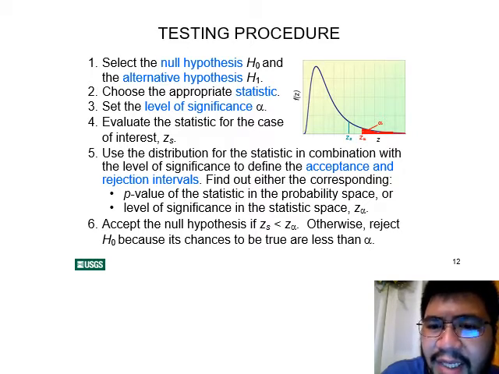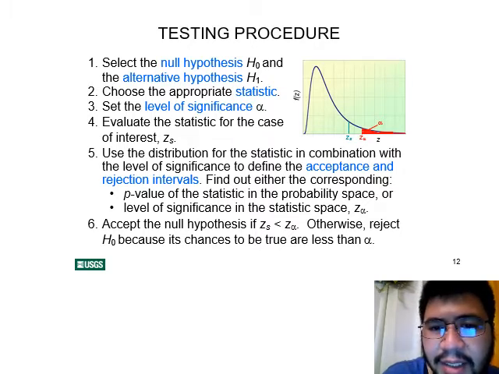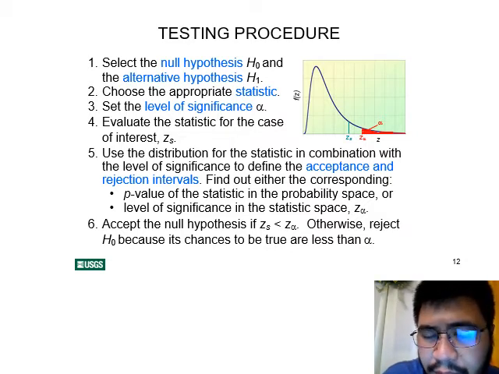After getting the Z-score, we basically plot the value on the sampling distribution here. So this is our Z-score.